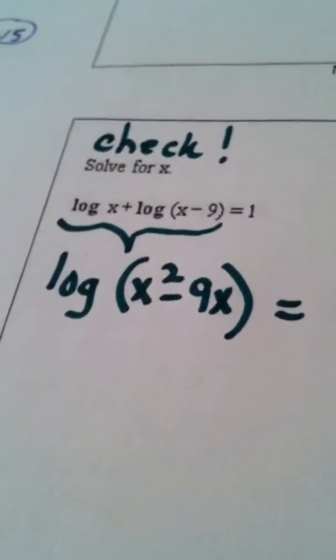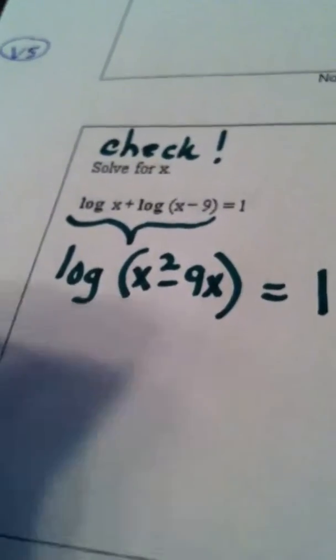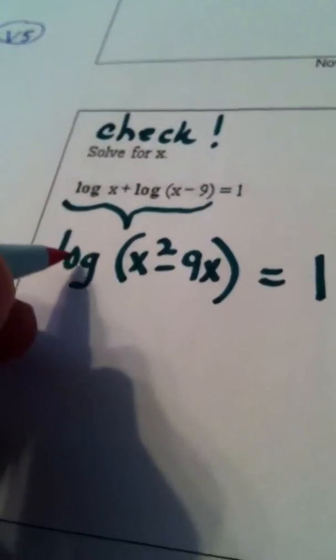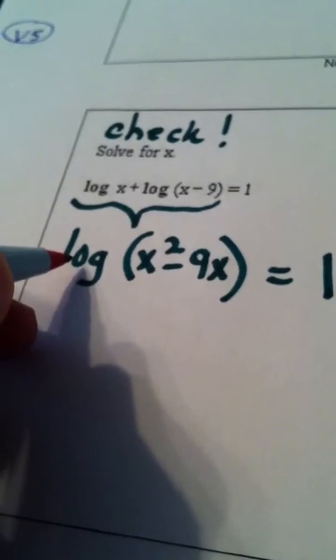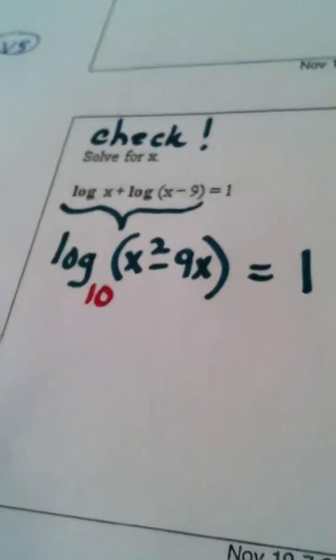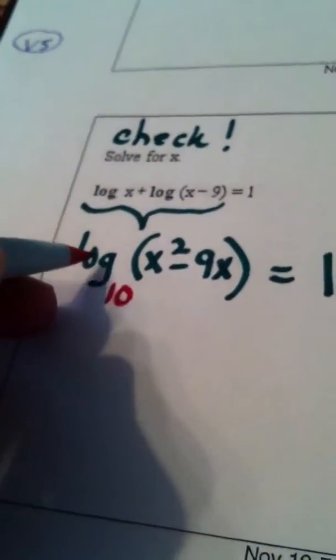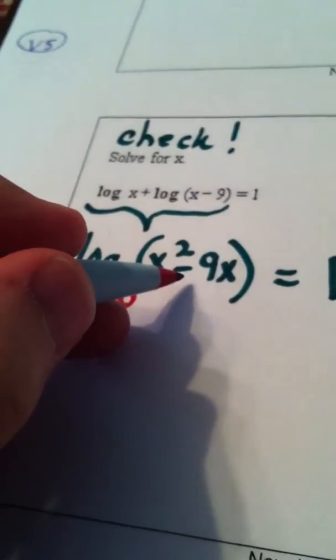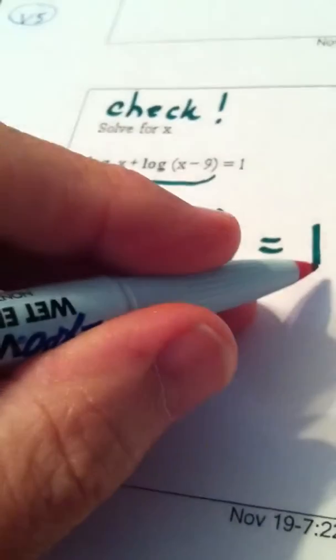My next step is to convert it into exponential form. Remember, when you see log, that's the common log, so that means the base is 10. Log base 10 of x squared minus 9x equals 1.